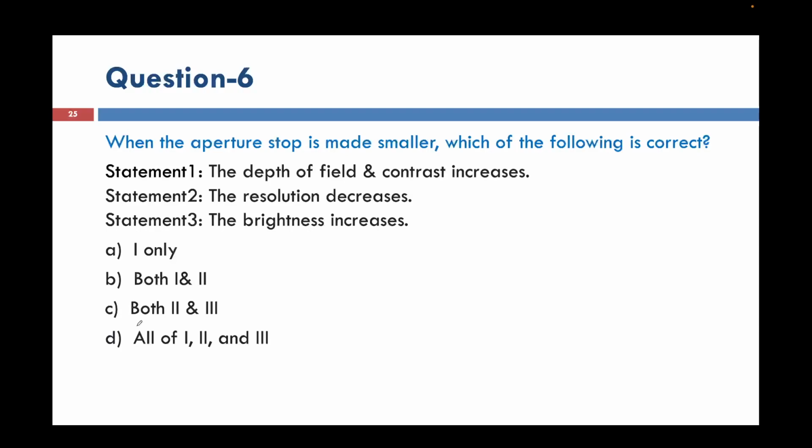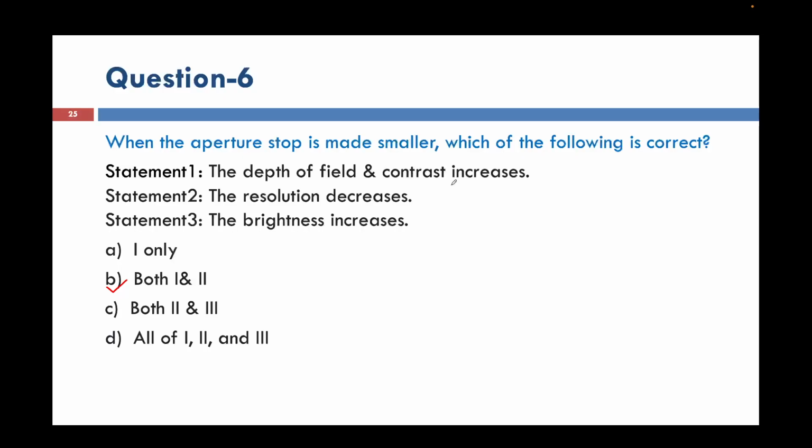Option A is 1 only, option B is 1 and 2, option C is both 2 and 3, and option D is all 1, 2 and 3. So can anyone answer? B, sir. Yeah, so the correct option is option B.